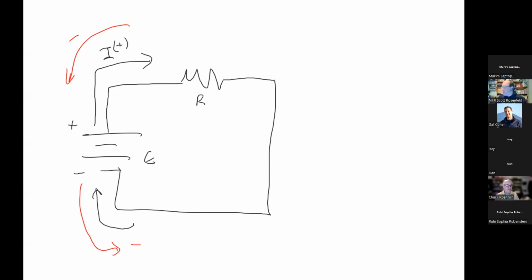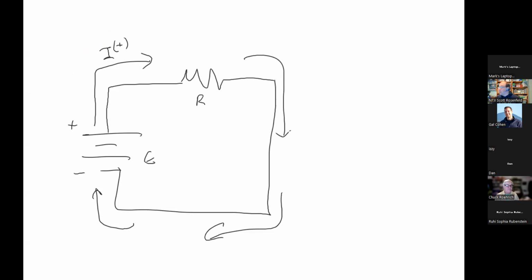Okay. Well, anyway, that's the last time you're going to hear me say that the current really flows out of the negative. For the sake of all of engineering school that I went through and all of physics and everything else that everyone else ever studied, the electrons flow out of the negative and into the positive, and the current flows out of the positive and around back to the negative.